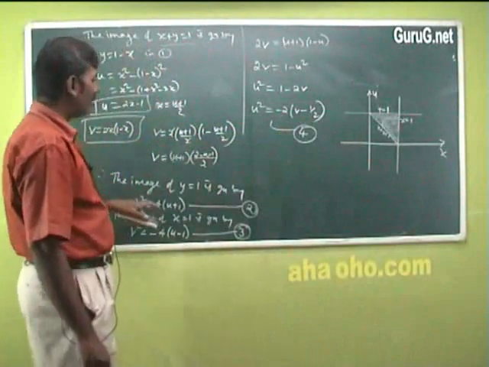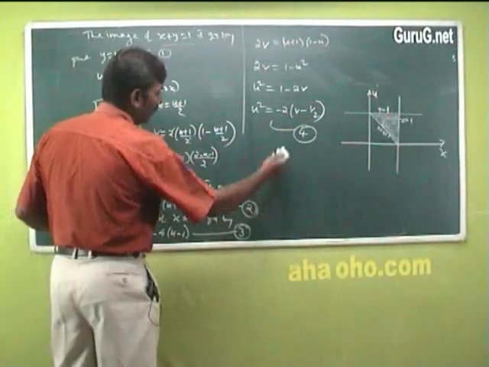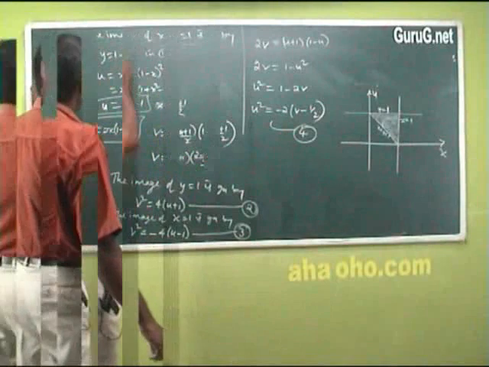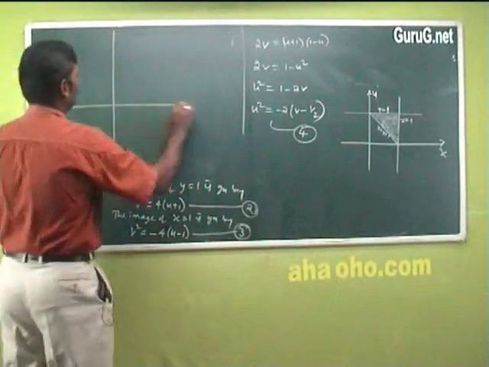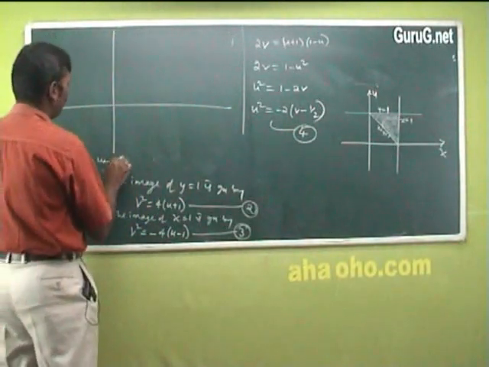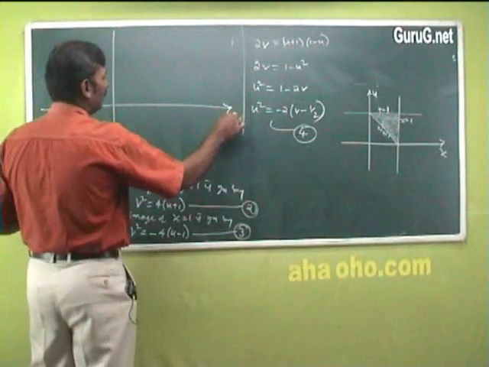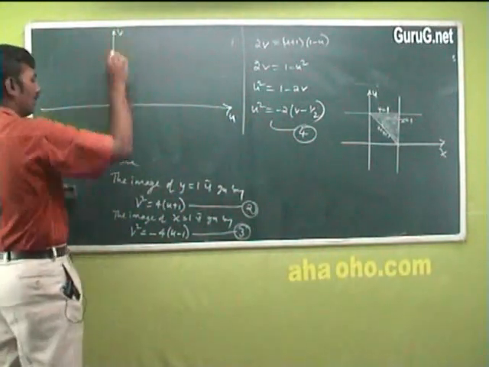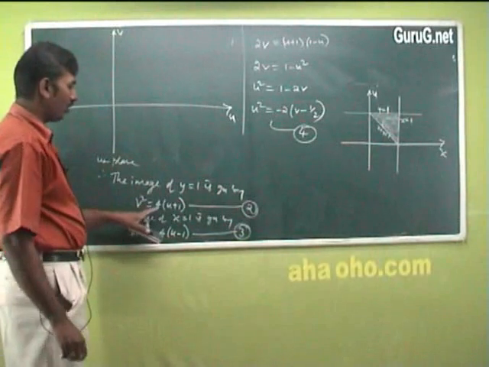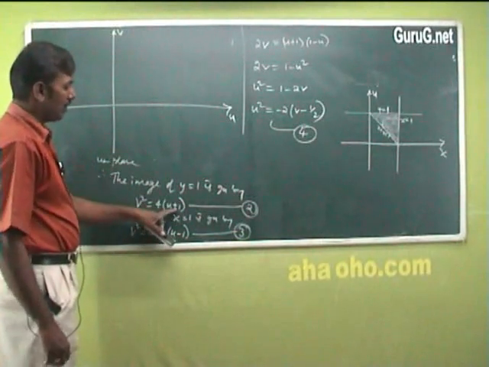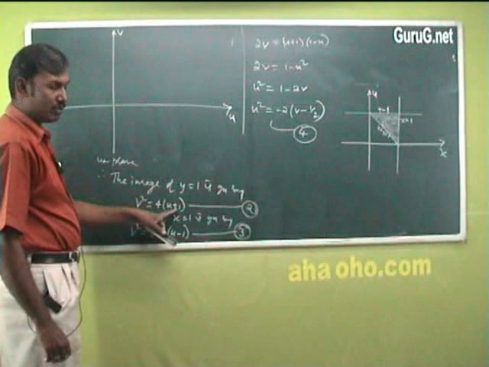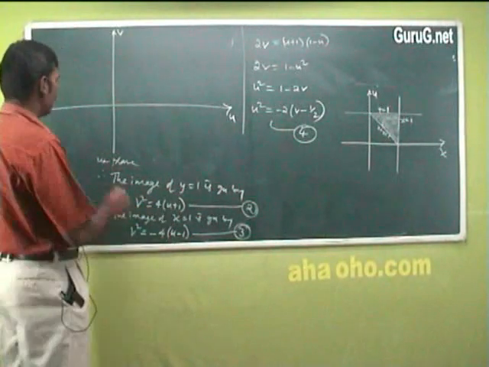But how will the diagram look? We draw these three parabolas, right? In the w plane, this is the u axis and this is the v axis. The first equation, v squared equal to 4 into u plus 1, is a parabola with vertex minus 1, 0.